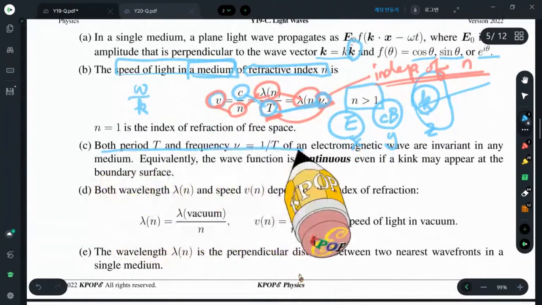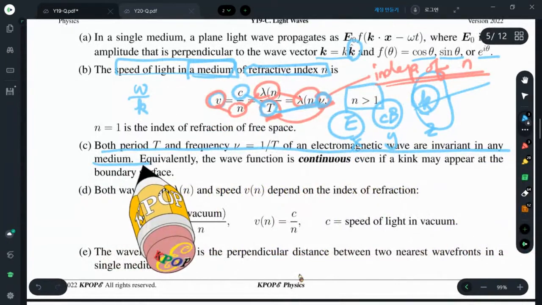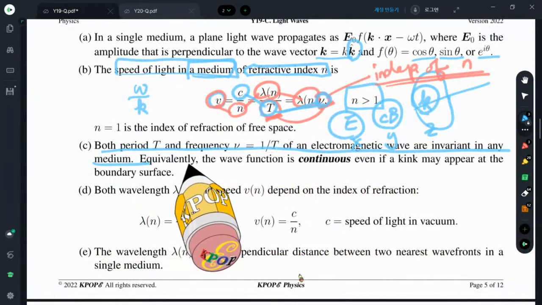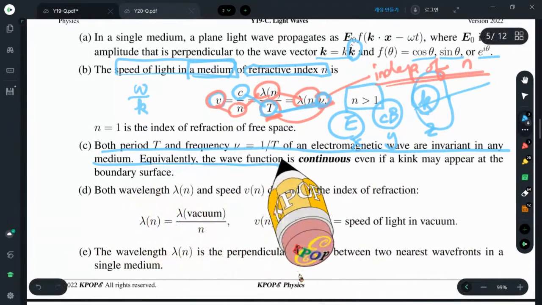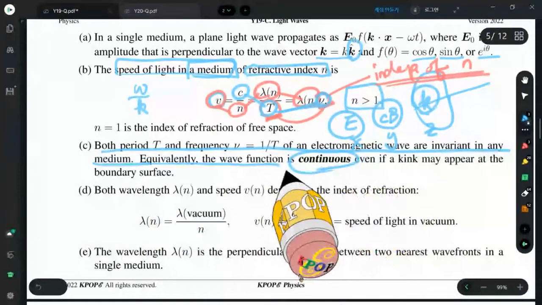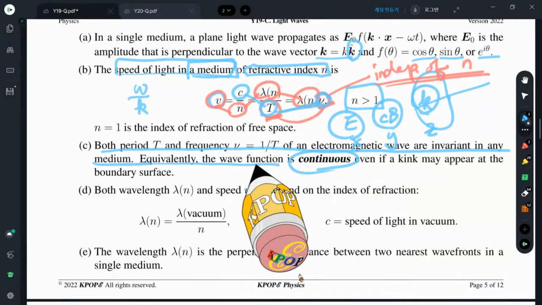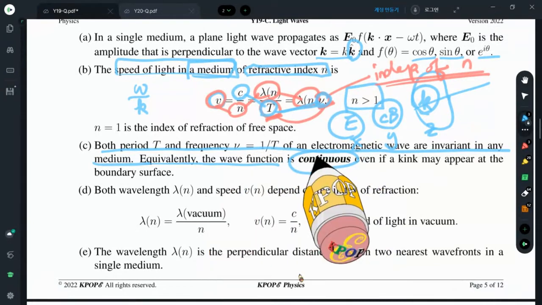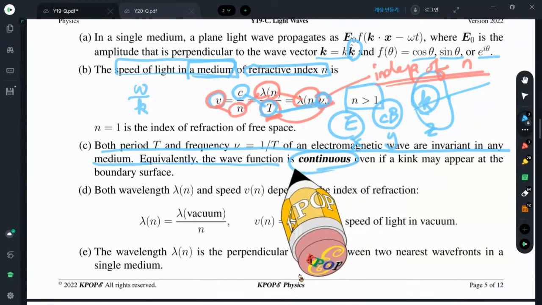And that is a very strong condition. Because of this, the wave function becomes continuous. If the frequency changed depending on the media, then the wave function must break.